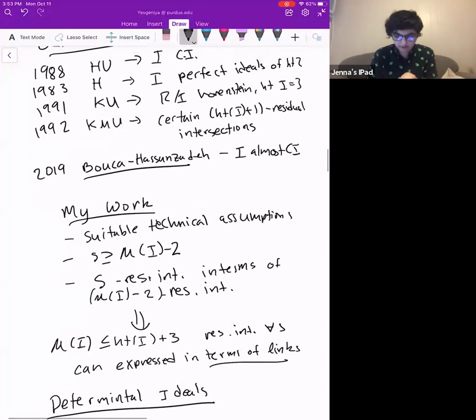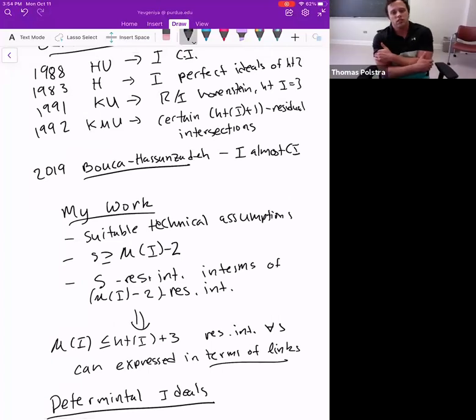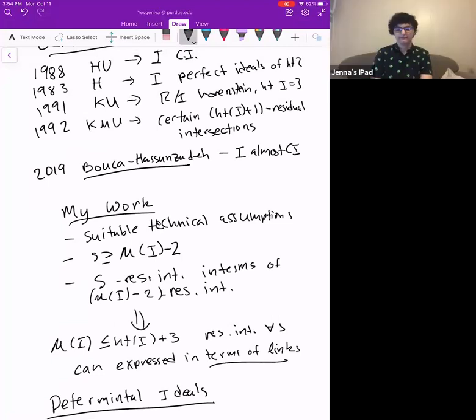Yeah, and also that Kustin-Miller-Ulrich result from 1992 is sums of links. But that one's very specific, so it's a Licci ideal. I have to be basically Licci to be sums of links, and it's also only height I plus 1, but not exactly the same. So yeah.